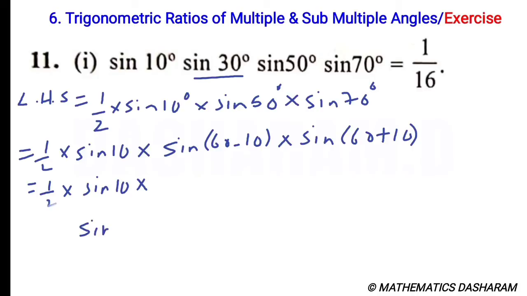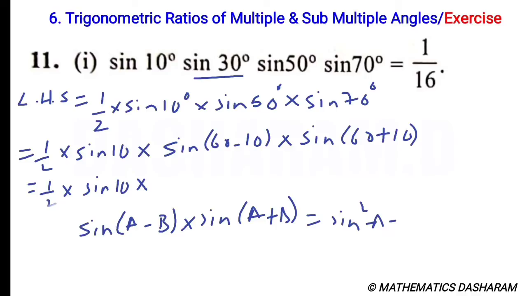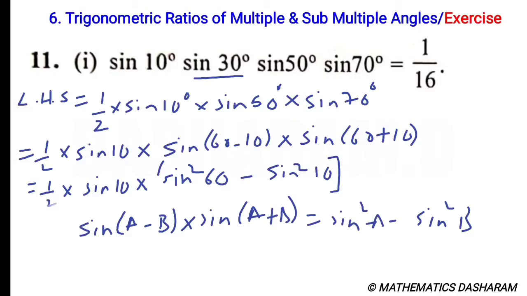So we have one formula, sin(a minus b) into sin(a plus b) equals sin square a minus sin square b. So using this formula, here we can write sin square 60 minus sin square 10 degrees.